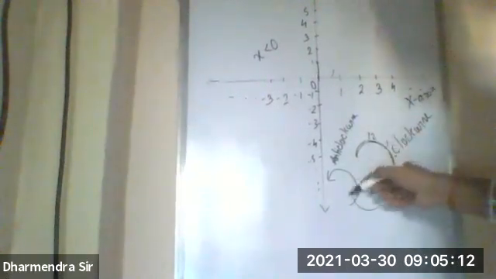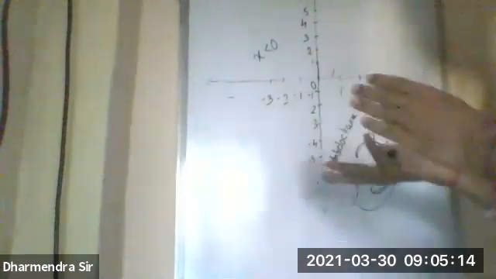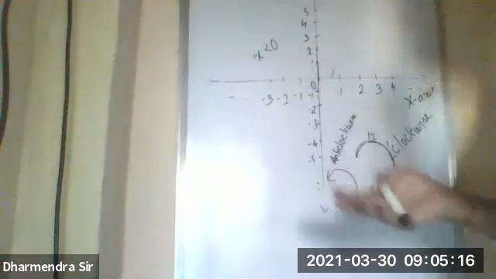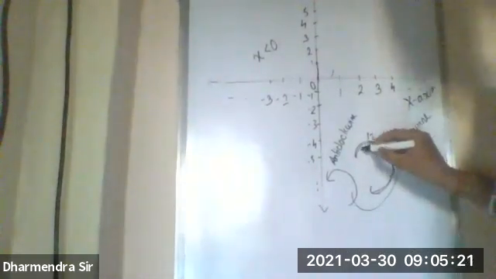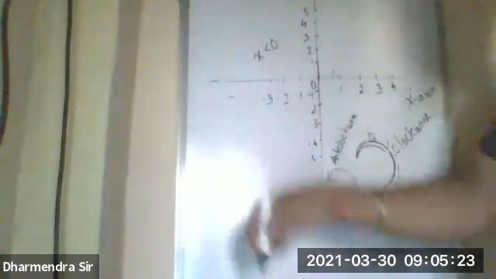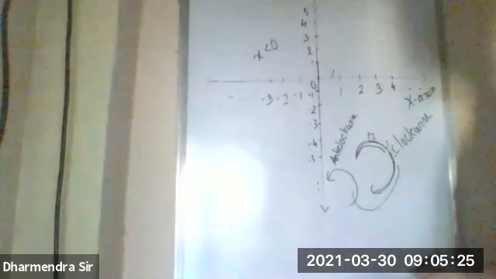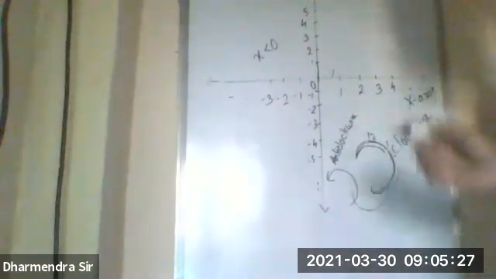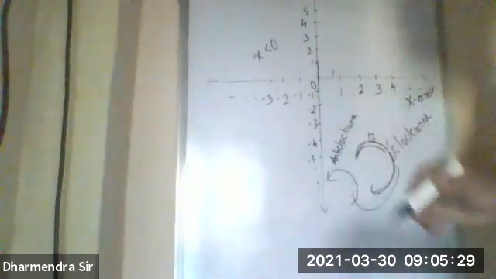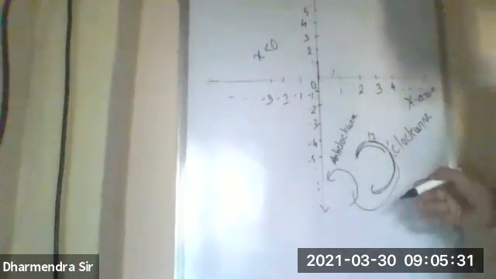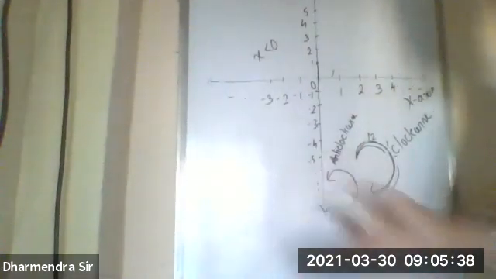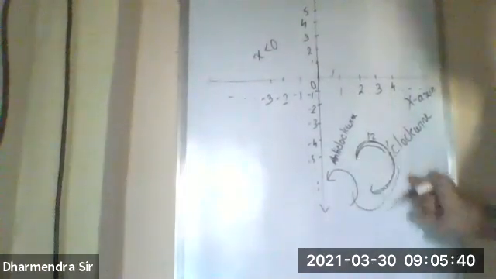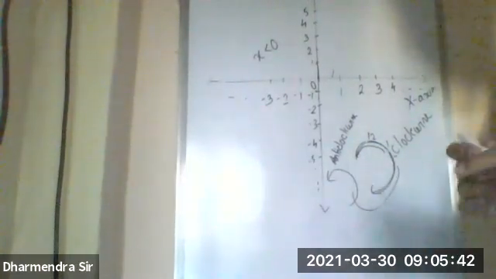But when we are talking about anti-clockwise, we are moving opposite to the clockwise. Opposite to the clockwise in the sense we are moving from 1, then to 12, then to 11, 10, 9, and so on. Counting the other way round. As we move from 1 to 2 in clockwise, in anti-clockwise we'll be moving from 1 to 12, then 12 to 11, then 11 to 10, and so on. Hope you understood the meaning of clockwise and anti-clockwise.